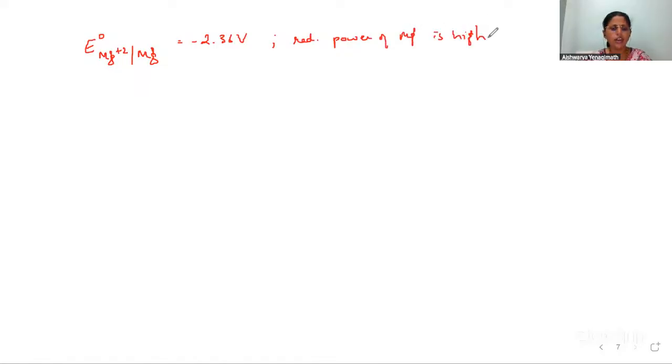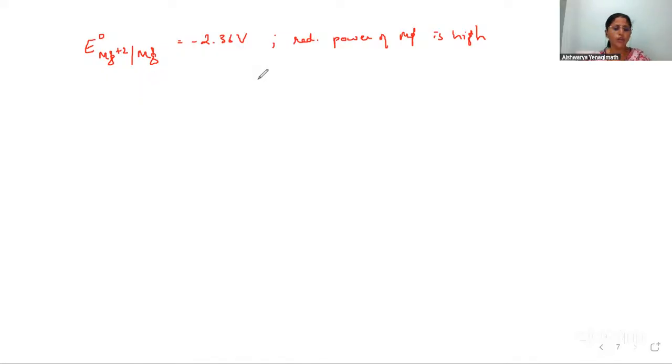That is, it reduces others and itself gets oxidized. What we have discussed just now also means that in comparison to hydrogen, the reduced form of magnesium is less stable. It will not go into its reduced form, because it is less stable. It will not get itself reduced. It will itself get oxidized. It will reduce others and itself get oxidized. This is very, very important.